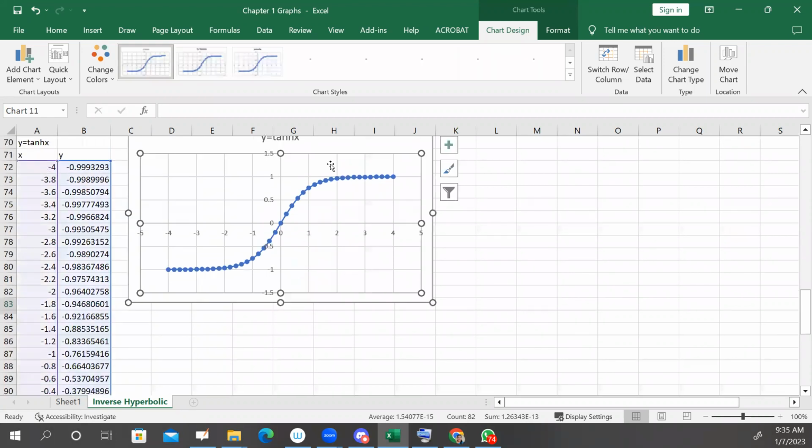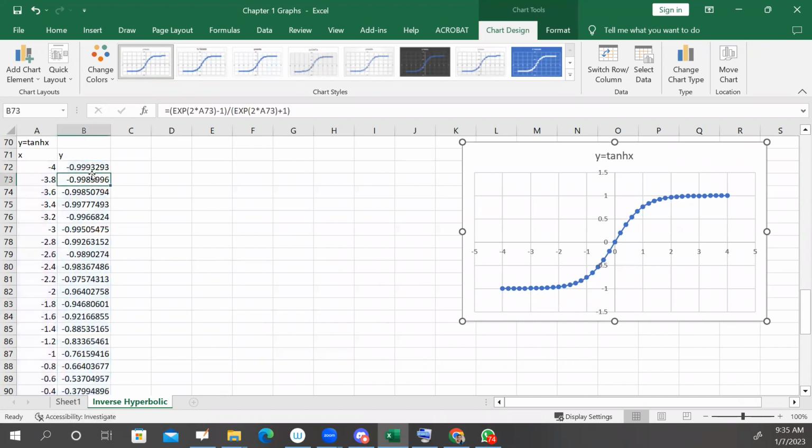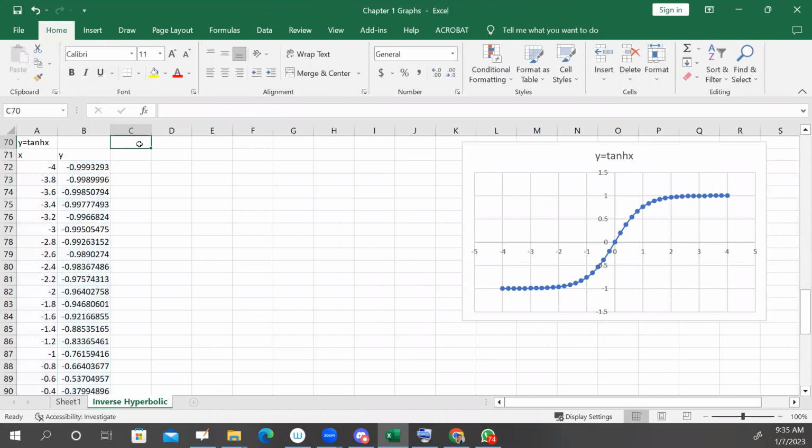Okay, so in order to draw the tangent inverse graph, guys, you need to exchange the x and y coordinates. Oh, it's r tangent. So the xy coordinates need to switch.